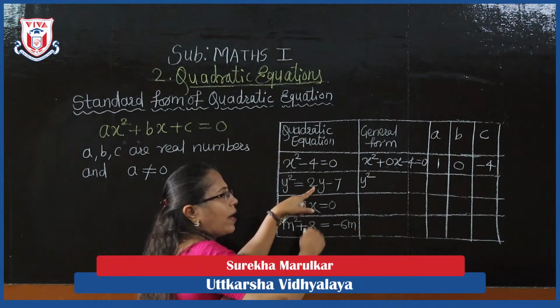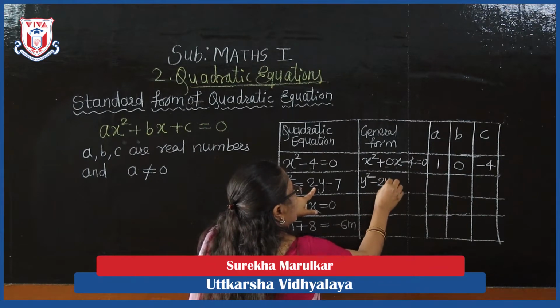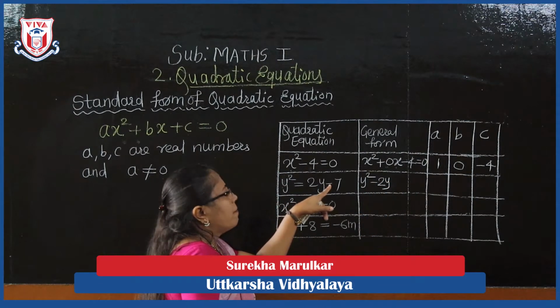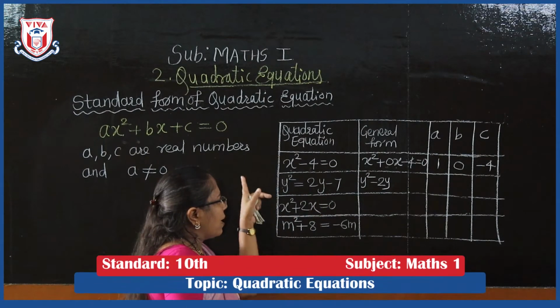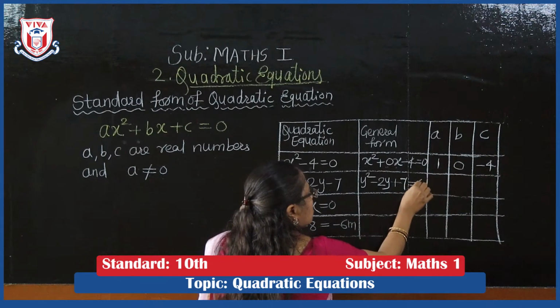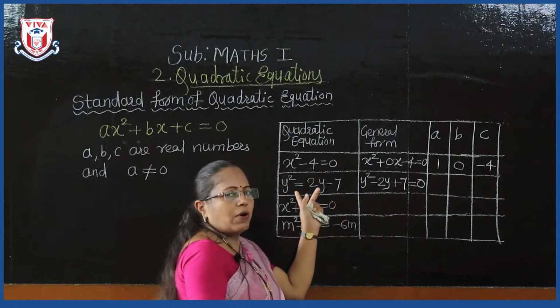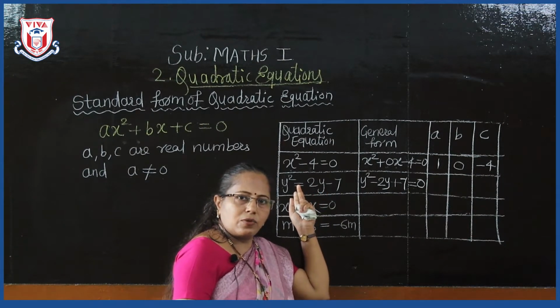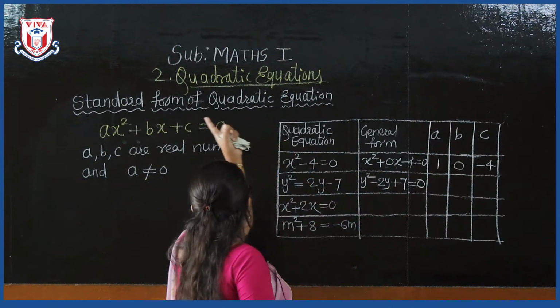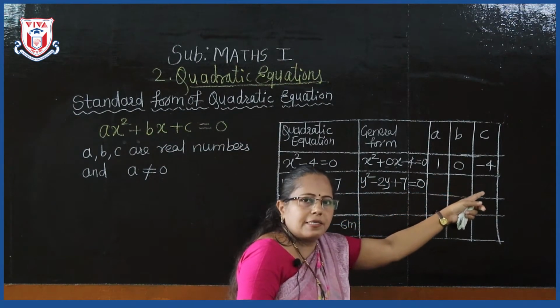If you take 2y on the left hand side, it will become minus 2y. Minus 7, take on the left hand side, we will write plus 7. It becomes plus 7 equal to 0. So this is the general form of this quadratic equation. Understood?